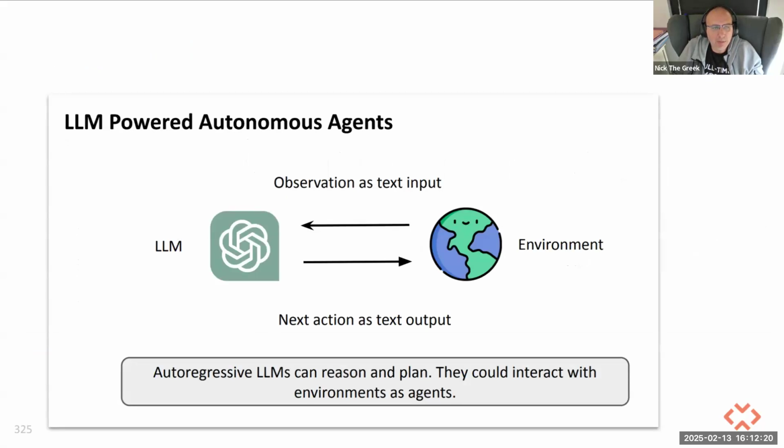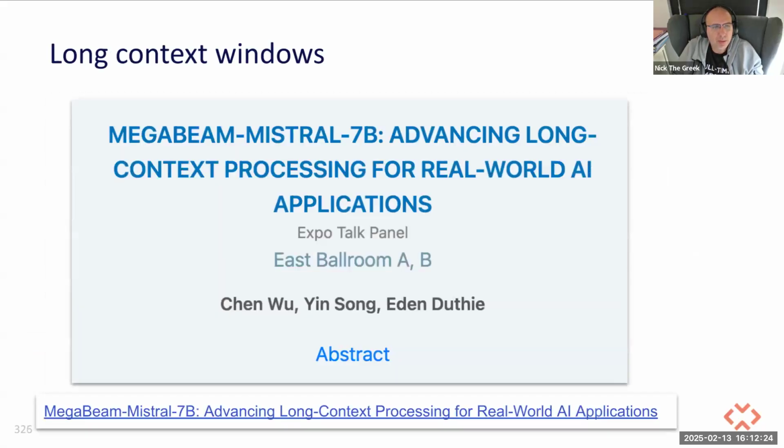So that's kind of the idea of how LLM-powered agents work. We've seen that before. We presented that paper in a previous section. So if you want to learn more about that, you can go to, I think it was the second day of NeurIPS, where we talked about agents.